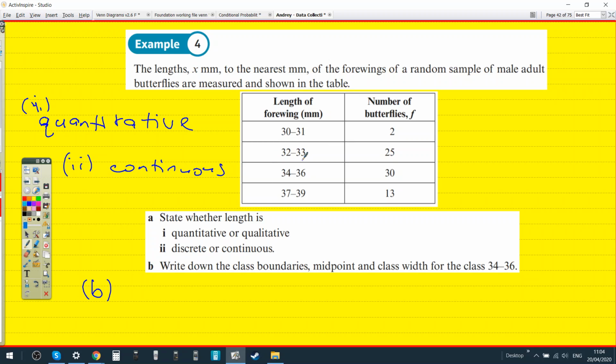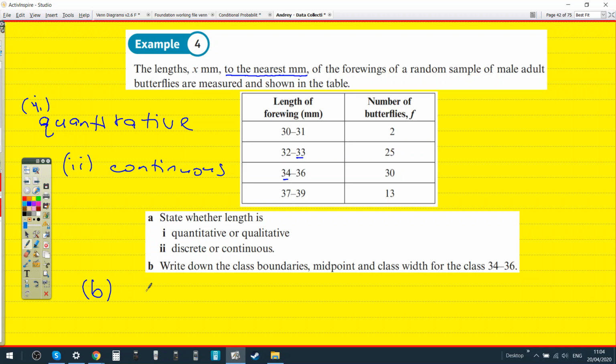So what this is talking about is these were rounded to the nearest millimeter. Yeah. And so you've got 33 up here and 34 here. And so if it was rounded to 34, what's the smallest number that will round up to 34 to the nearest whole number?